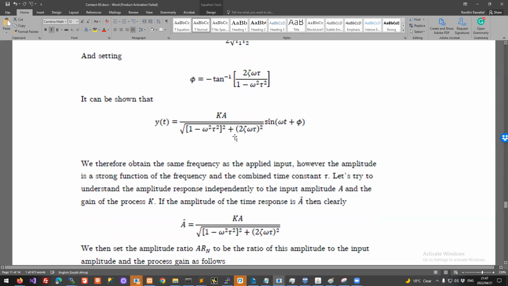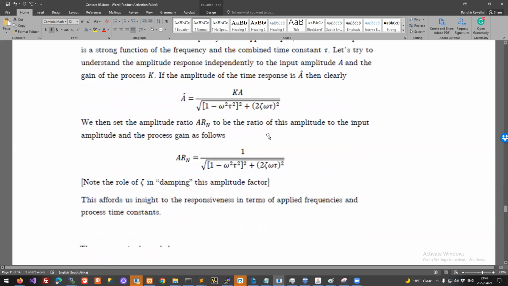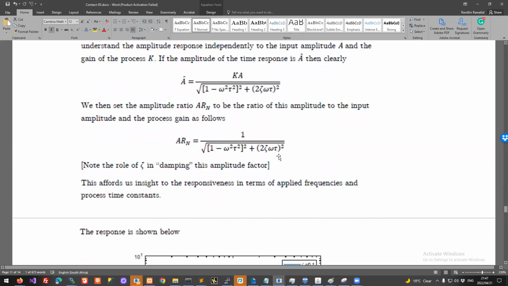So what we want to try to think about is, well, what's the ratio of the response to the applied value? So the ratio we can get by dividing that by the Ka. So that's our amplitude ratio here. And again, that's dependent on the two time constants and the applied frequency.